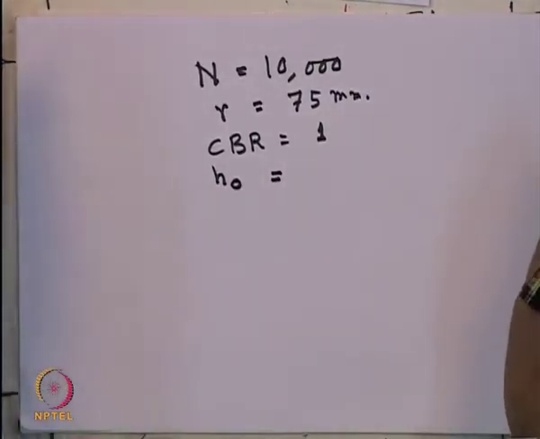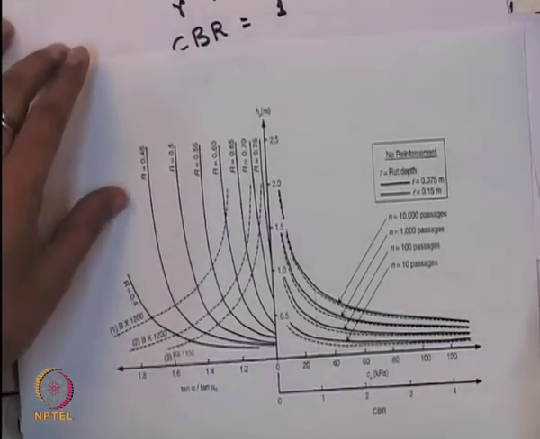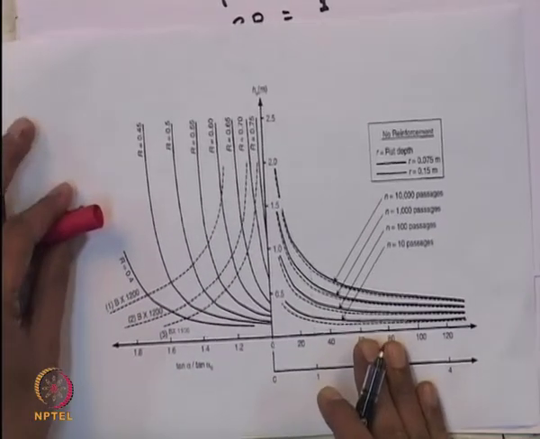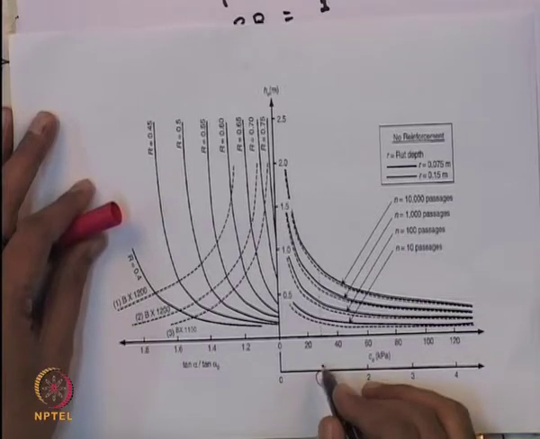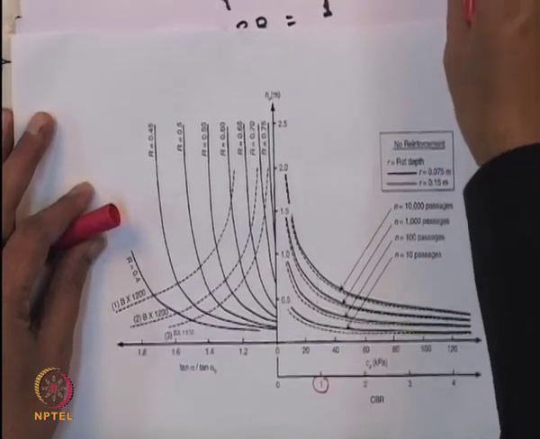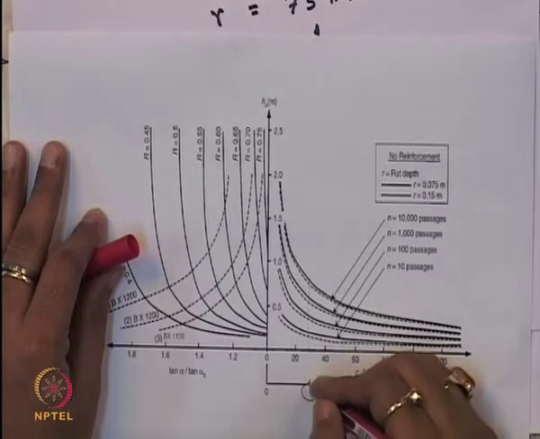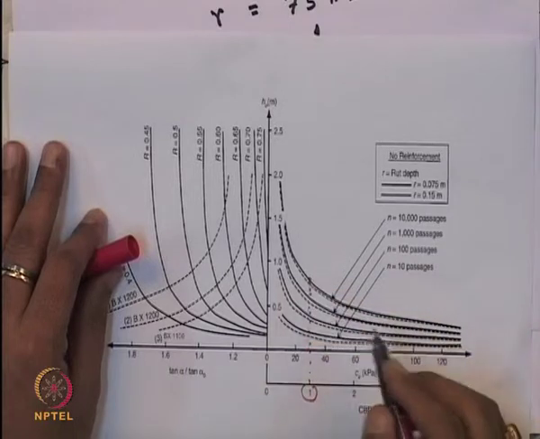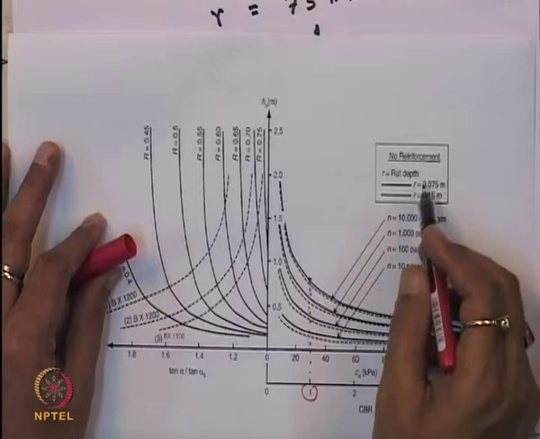When the N value is 10,000, you can use this chart, where the CBR value is 1. So if you know CBR value is 1 and number of passes is 10,000, you can go vertically up to the number of passes 10,000, and the rut depth is 75 millimeter.